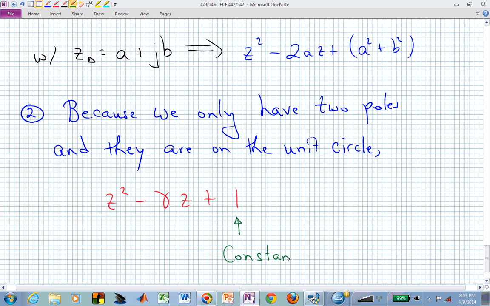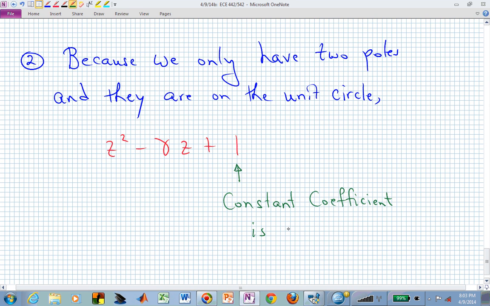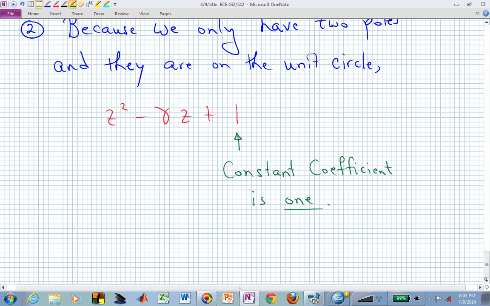But this constant coefficient, because it's a second order and we only have the 2 complex conjugate poles, is 1. That's a second property.